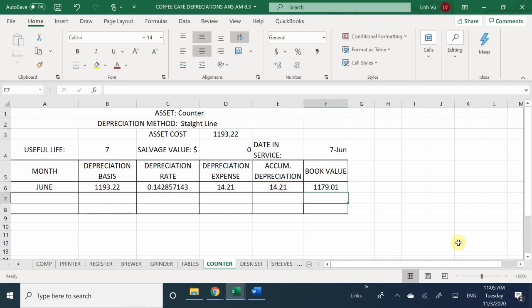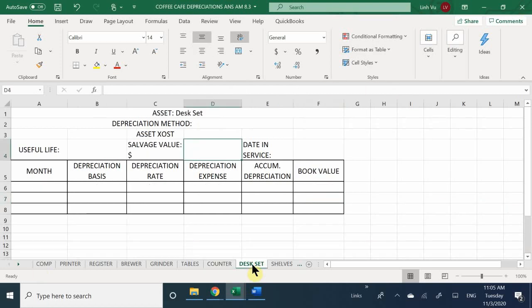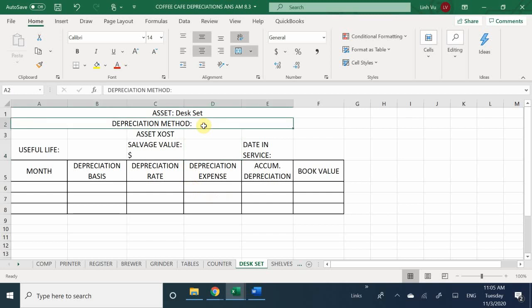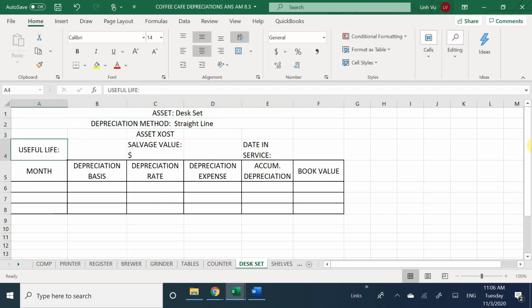1179.01. Right? Now we're going to go ahead and depreciate my desk set here. Okay? So I know it's straight line. Useful life is 7 years.